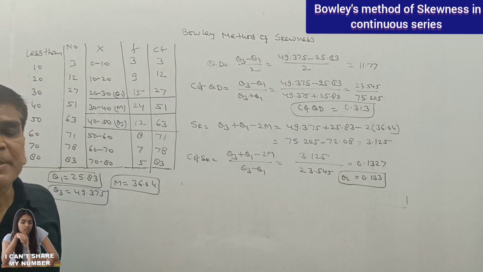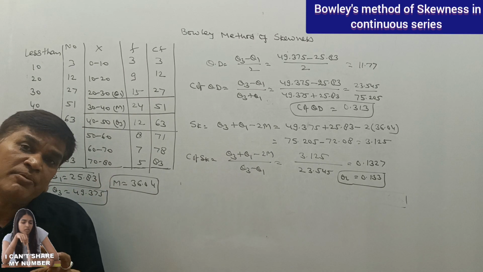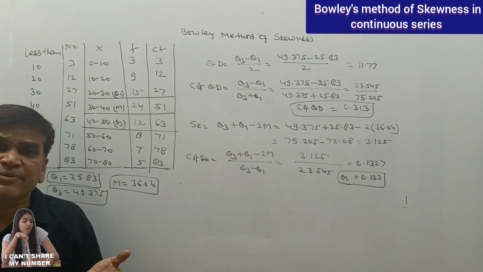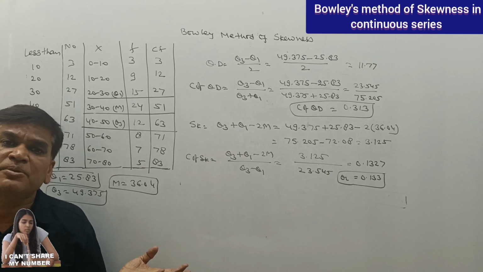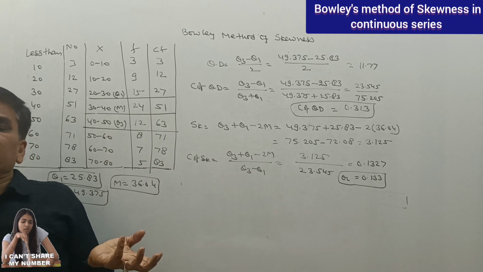So in the case of a continuous series also, whatever kind of question is there, we know how to calculate the partition values: how to calculate Q1, Q3, and M. So nothing is new in this method.